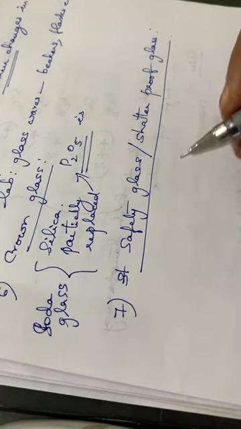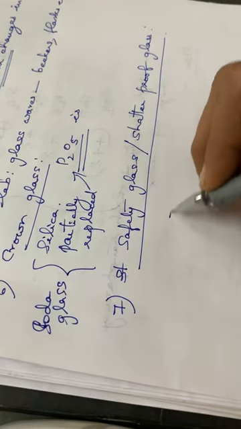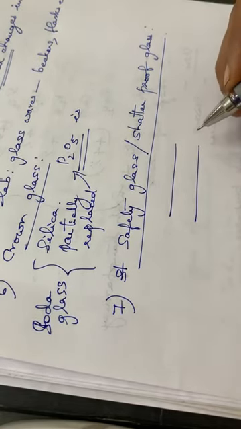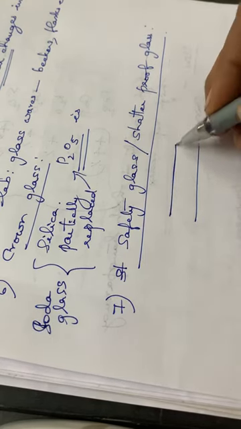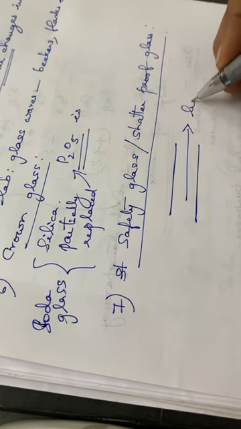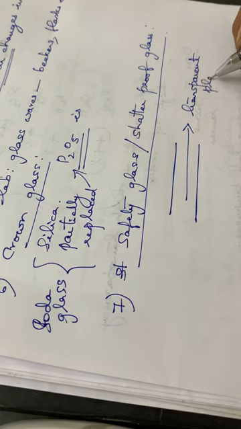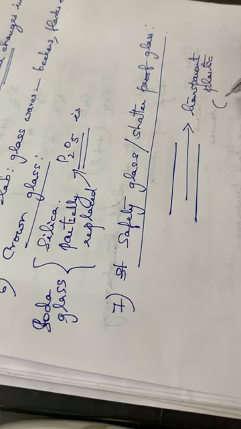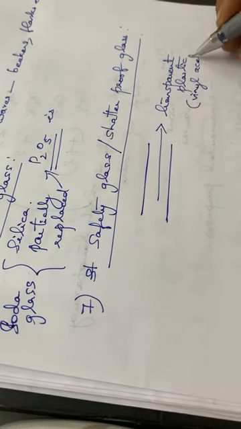This safety glass is prepared by using two layers of glass, and in between, a transparent plastic will be placed. A transparent plastic will be placed in between two layers of glass. Normally this transparent plastic used is vinyl acetate resin.